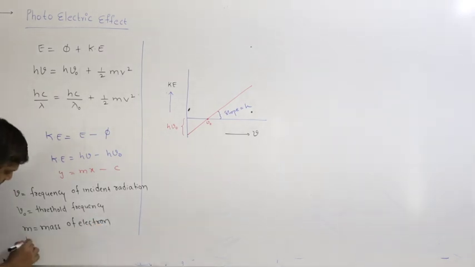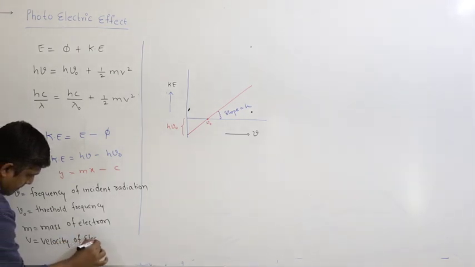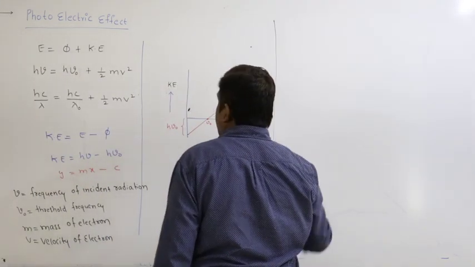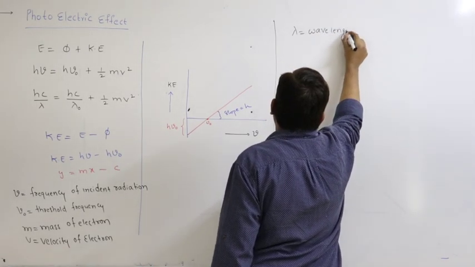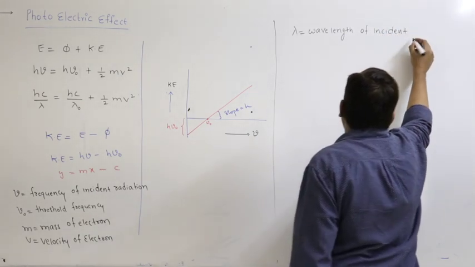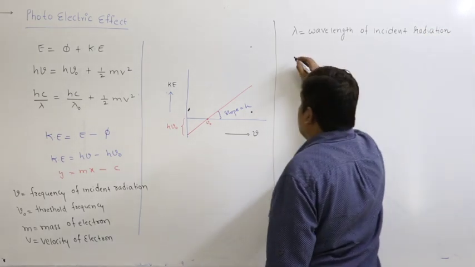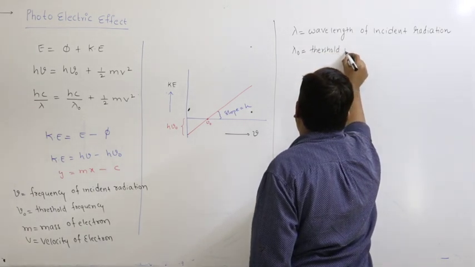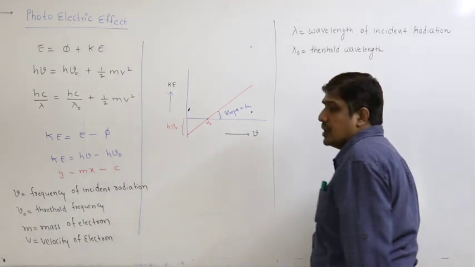Mass of electron, velocity of electron, lambda, wavelength of incident radiation, threshold wavelength of metal.